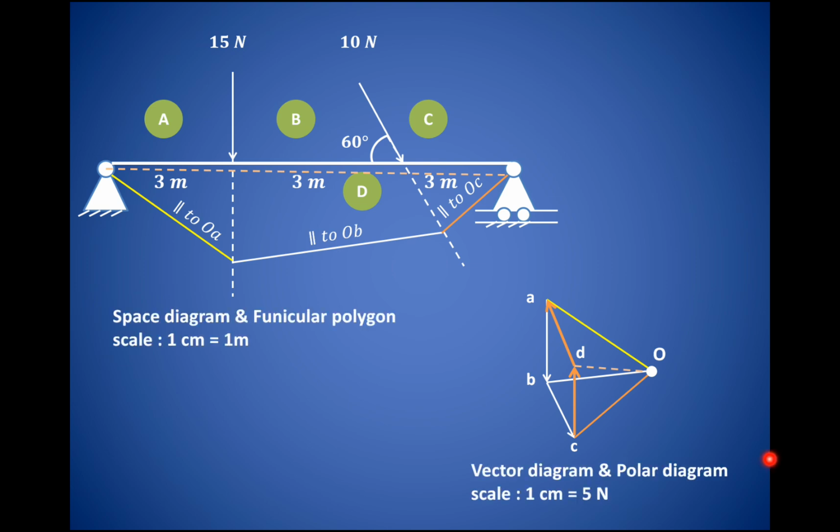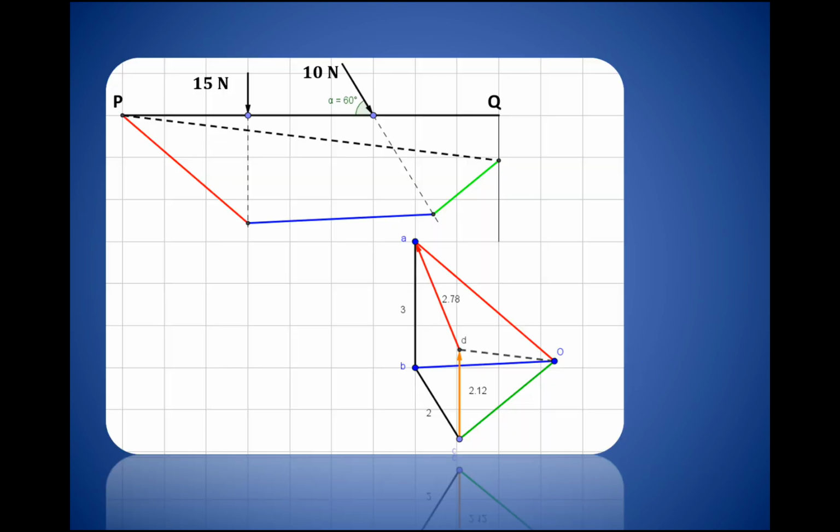The scale that we have chosen for the space diagram is 1 centimeter equal to 1 meter, and for the vector diagram it is 1 centimeter equal to 5 Newton. Now let us see the actual diagram over here. As you can see, we have drawn the various dimensions on graph paper.